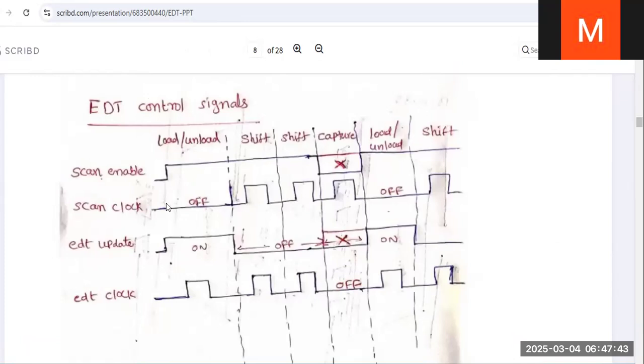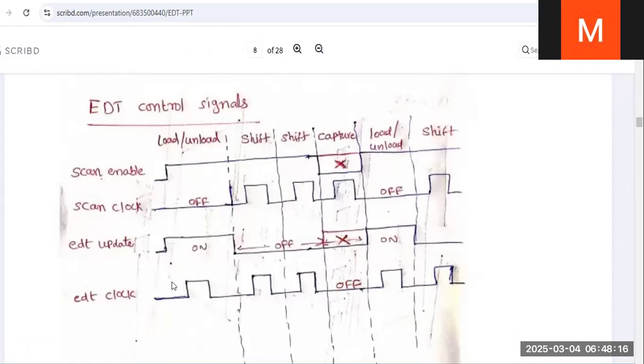So you see here, we have load unload, shift, capture, load unload, and shift out. Shift in, capture, and shift out. During the load unload, EDT update is high and EDT clock is going to pulse, so that the data which is there is shifted out and new data is loaded into the scan chains.